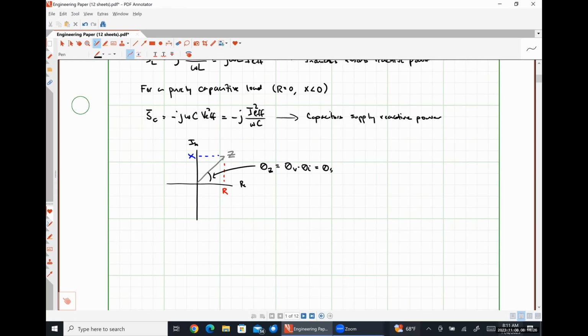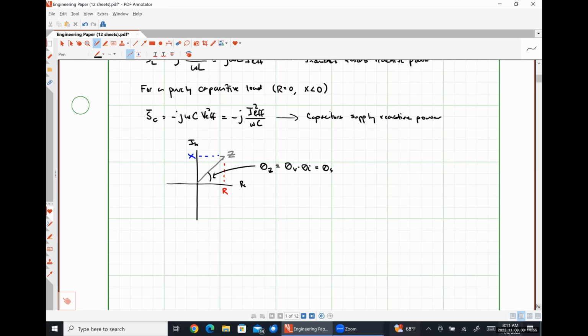So if we ever wanted to know what power factor an impedance was operating at, if we know the phase angle of the impedance, we have enough information to determine the power factor at which that impedance is operating without doing literally anything else. We don't need to do any circuit analysis whatsoever, since theta z and theta s are literally the exact same thing. So we can use that to our advantage if we so choose.